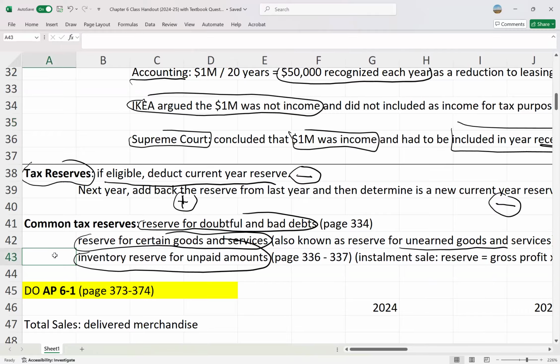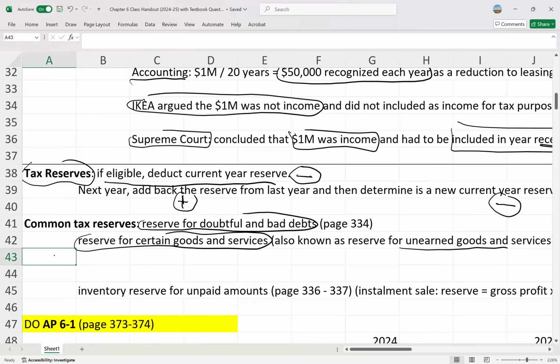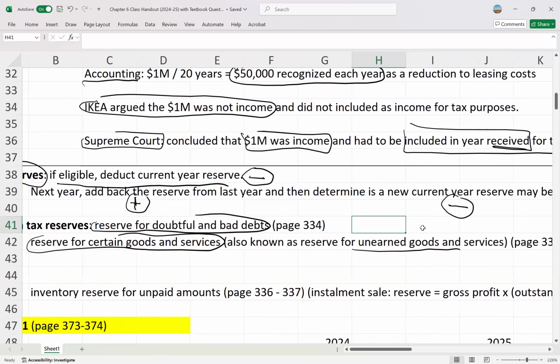The first 2 have accounting equivalents. The reserve for doubtful debts, if you look at the wording, is basically the same as the bad debts expense and our allowance for uncollectible accounts.